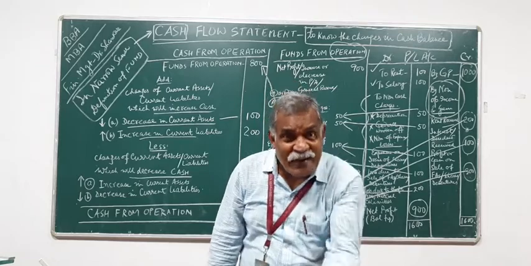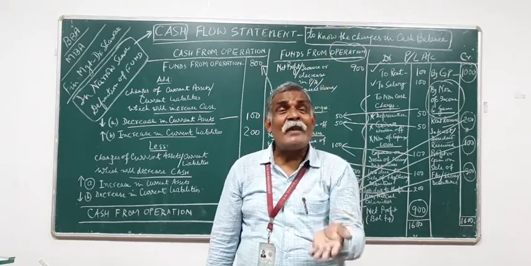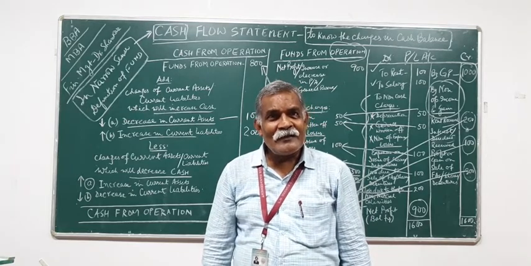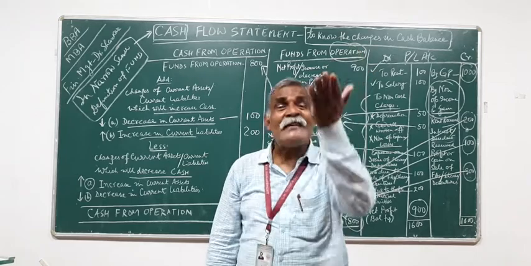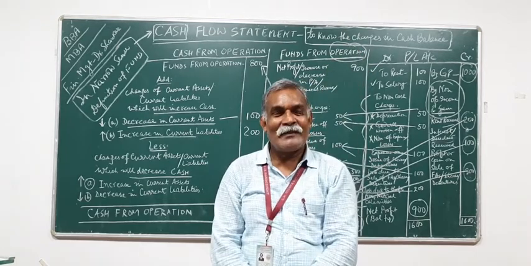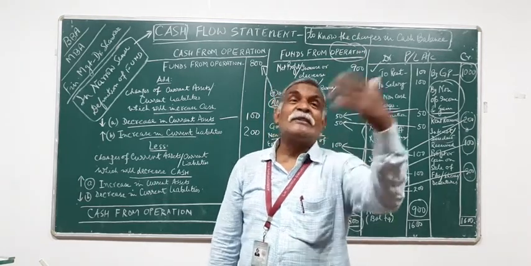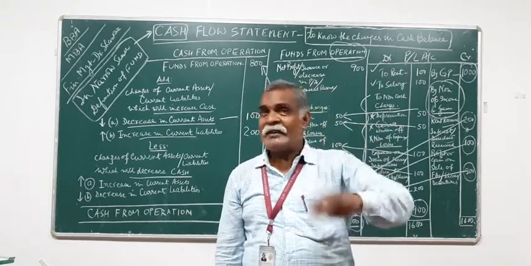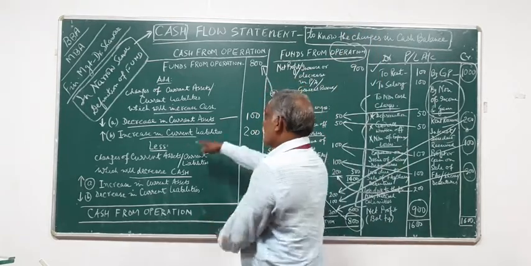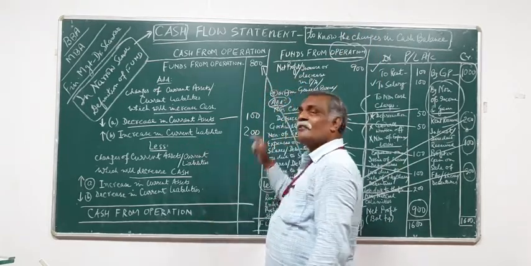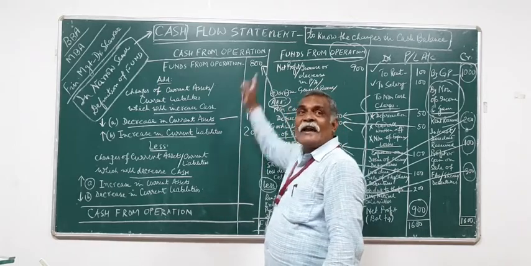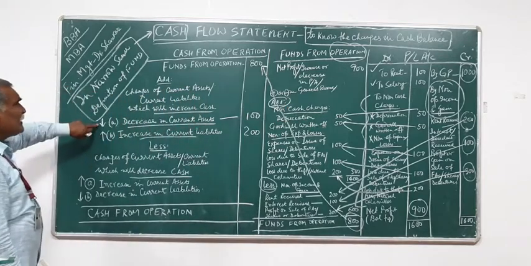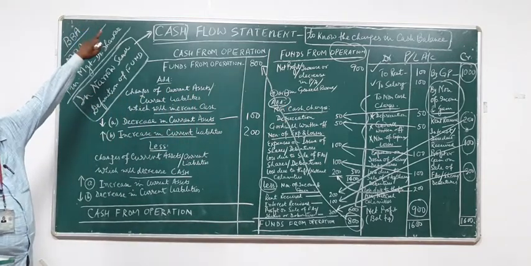Creditors are one of the current liabilities, so if current liabilities increase, cash will increase. Whether bills payable or creditors, whatever the current liability, if it increases, cash will increase. So the increase in current liabilities is 200, and because the cash is increasing, you have to add. So an increase in current liabilities and a decrease in current assets will increase cash, so we have to add.